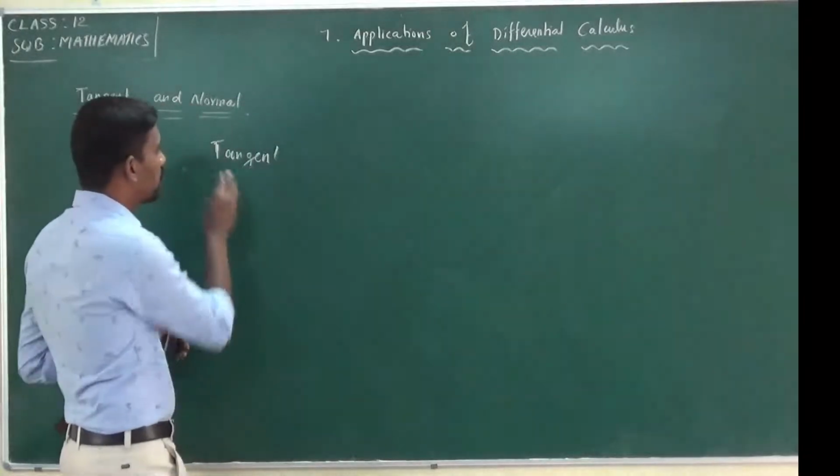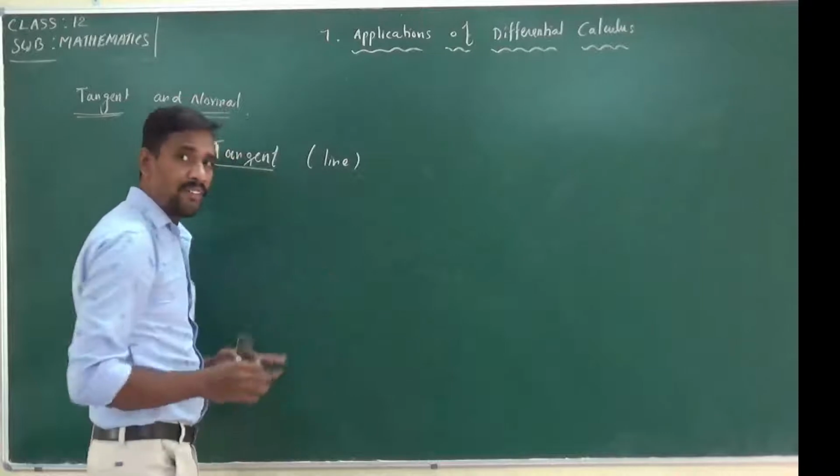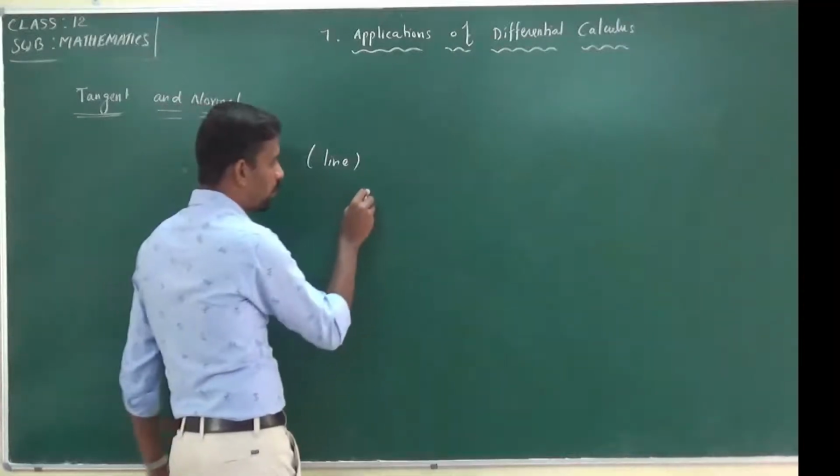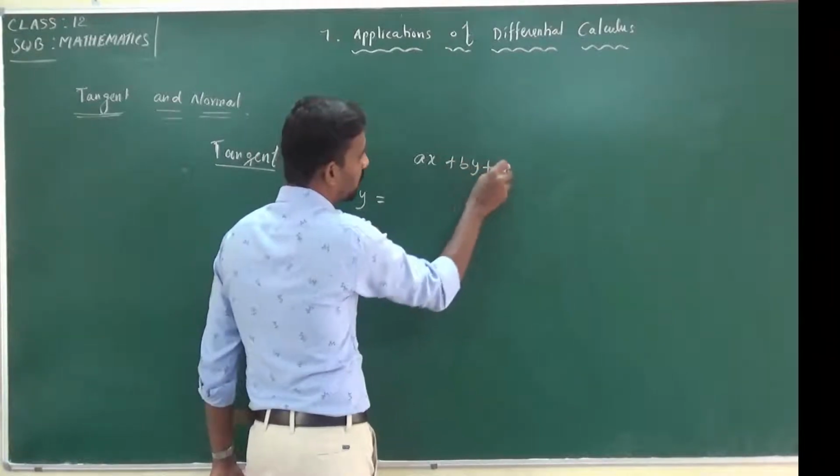Now we know very well that a tangent is nothing but a straight line. For a line we have the general form, right? General form is ax plus by plus c is equal to 0.